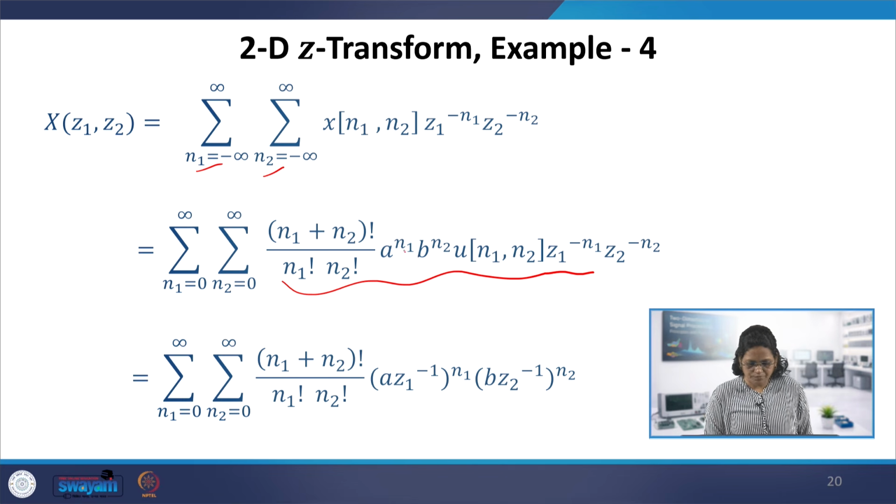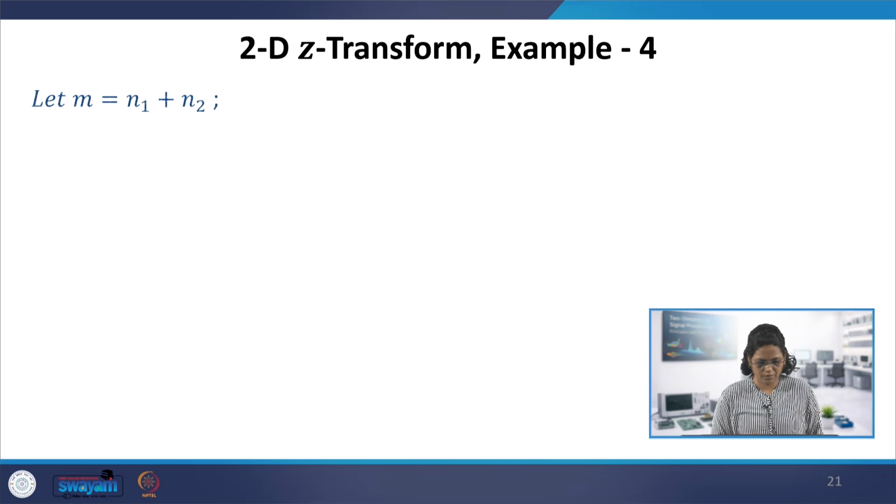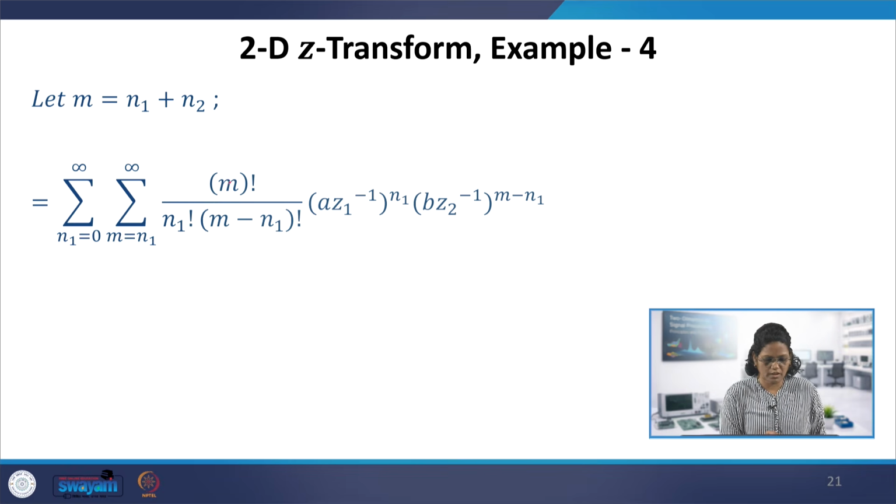Now combining these two cases, we get a z1 power minus 1, b z2 power minus 1 here, and the factorial factor comes here. So we try to simplify this. What is the summation for this case? Let us take n1 plus n2 as m.